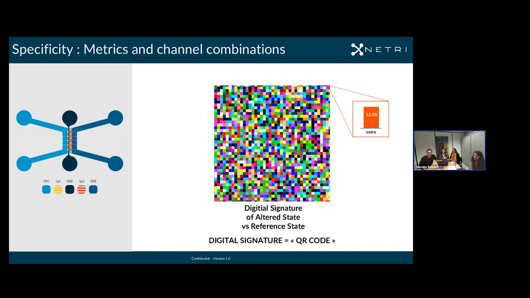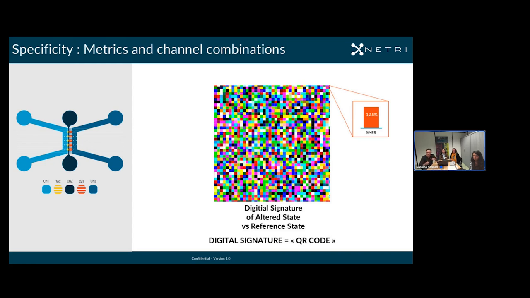So you can look at this as a digital signature between a reference state, which can be a healthy culture or a diseased culture, and an altered state, which is trying to make it healthy again, or inducing a certain pain, or coming back to a baseline. So basically, it's a differential digital signature.